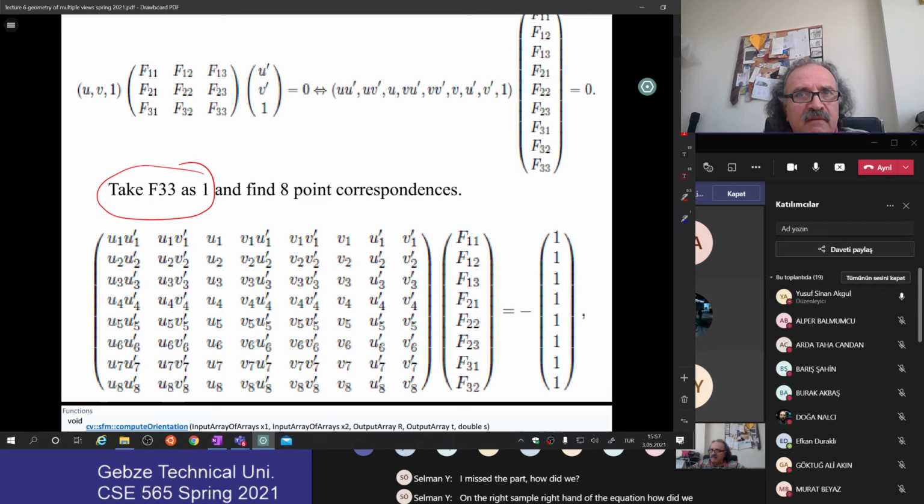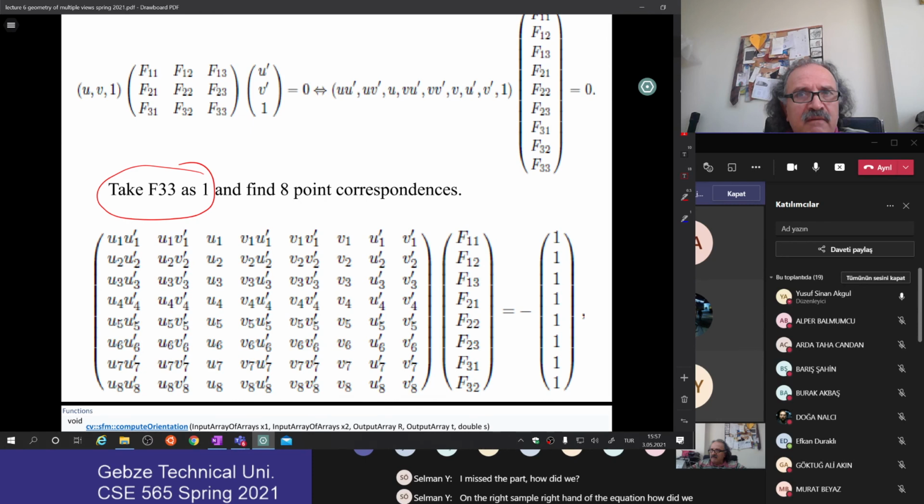And another procedure, if you have the R and T between 2 cameras, you can get the essential matrix out of it. Okay, R1, T1, R2. Can somebody explain this? Okay, this is what is essential? T times R, right? How about these? What are we talking about here?